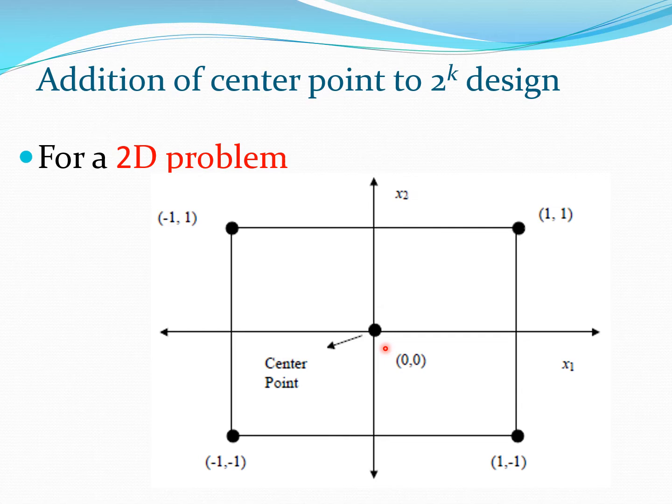So your center point is 0, 0, and your factorial points are 1, 1; 1, minus 1; minus 1, minus 1; minus 1, 1, where you will recall that 1 is the high perturbation and minus 1 is the low perturbation expressed in terms of coded variables x1 and x2. So this is your 2K design with the center point.